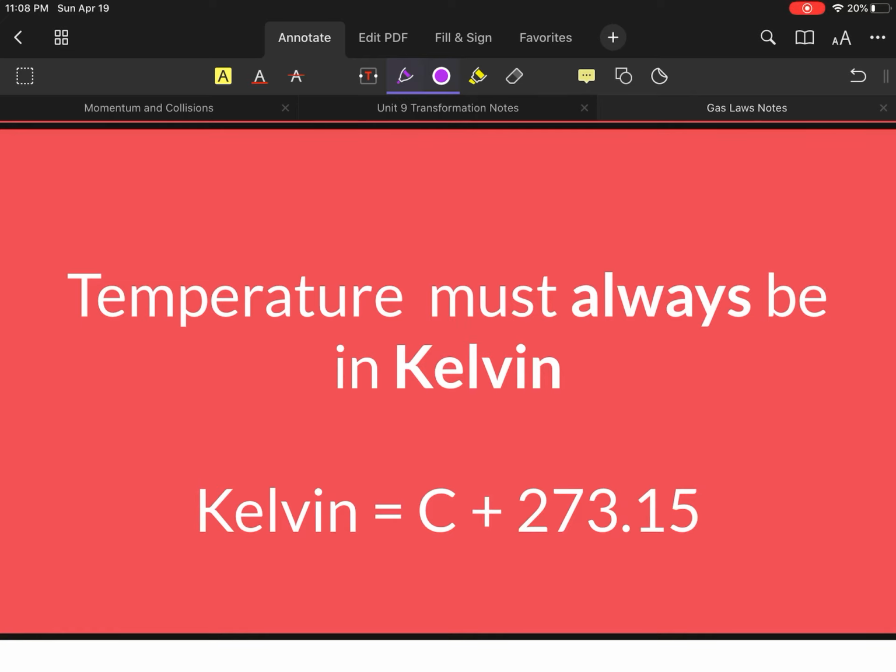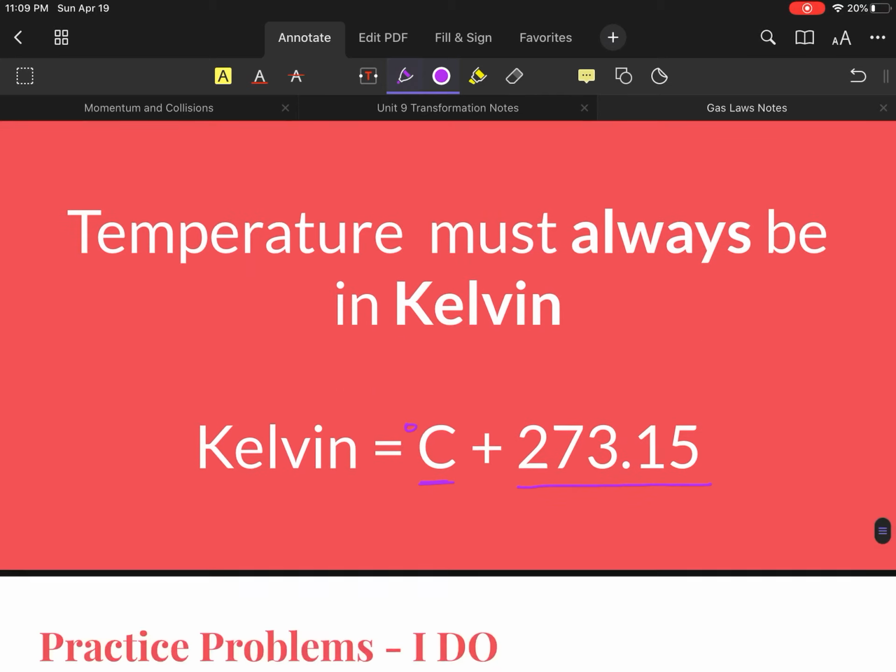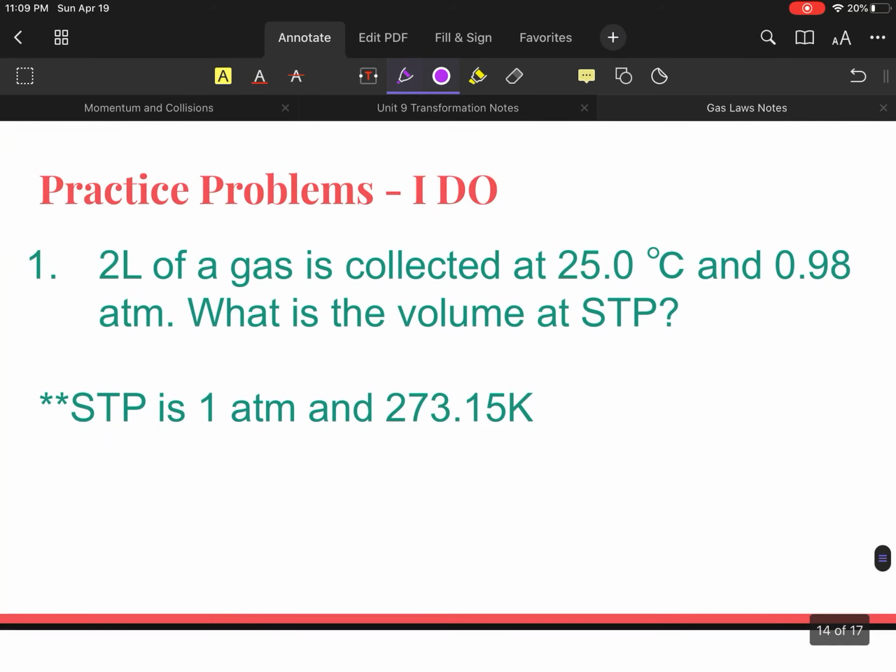Okay, one thing to know is that whenever we're plugging in our numbers, we want to convert our degrees Celsius into Kelvin. We're going to do that by just adding 273.15. Okay, so let's do some practice. So remember, I have my combined gas law, with T2.